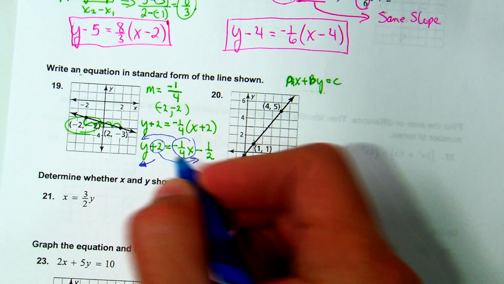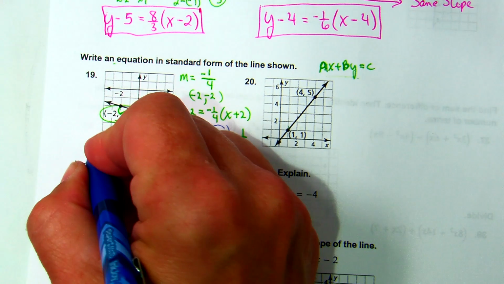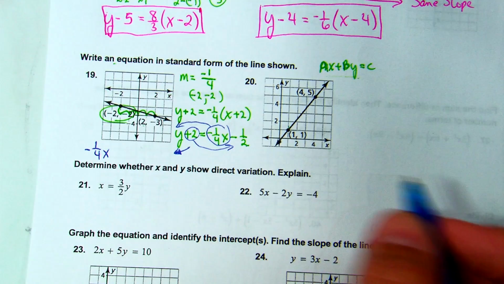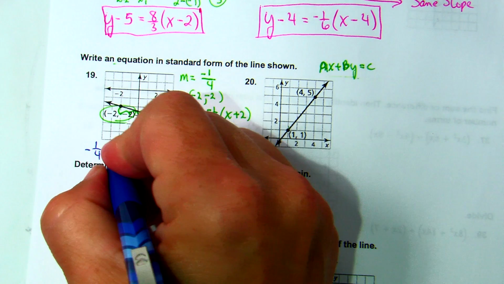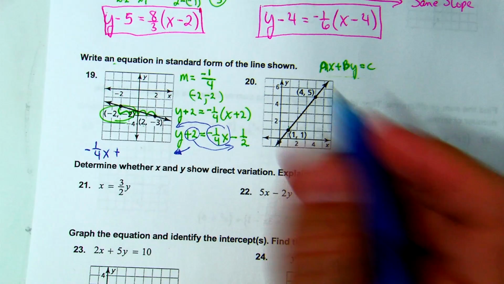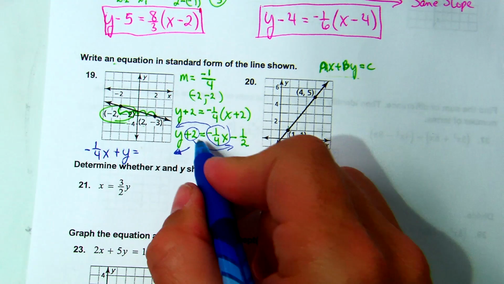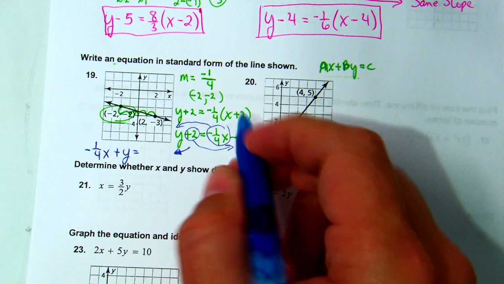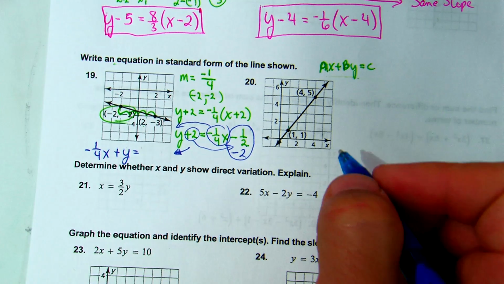We've got a little more room. So I'm going to have a -1/4 x, that's my ax, plus b y, where b is just 1, so I'm just going to have plus y, equals, and then the 2, when I bring it across, I'm going to add -2 and 2.5, and that's pretty simple.